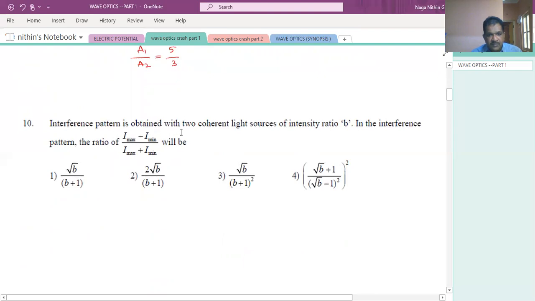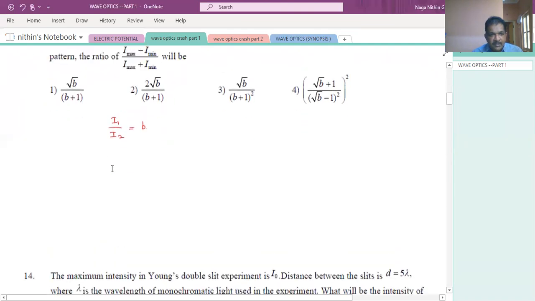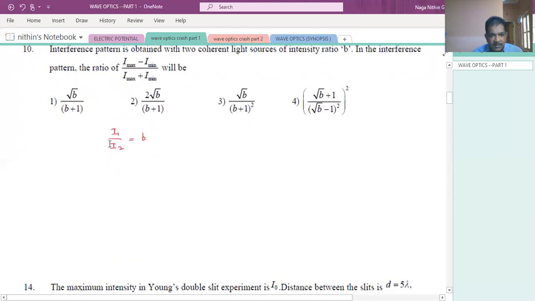Interference pattern is obtained with two coherent light sources of intensity ratio b. So I1 by I2 is equal to b. Then (I maximum minus I minimum) divided by (I maximum plus I minimum), how much?